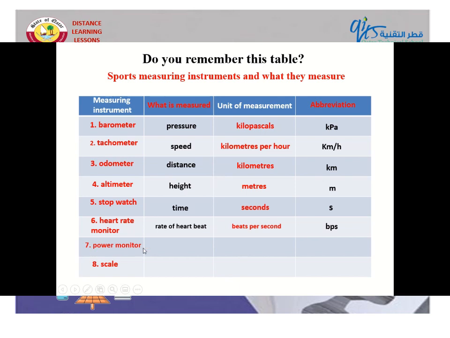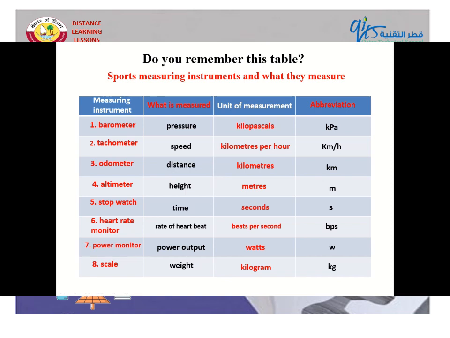Power monitor measures power output, and the unit of measurement is watts, and the abbreviation is W. And finally, scale is for measuring weight, and the unit of measurement is kilogram, and the abbreviation is kg.